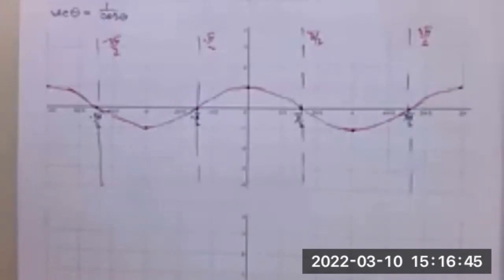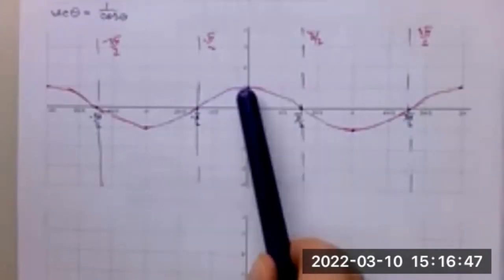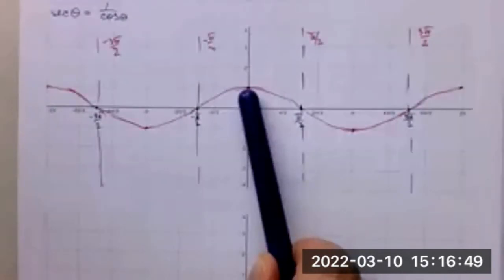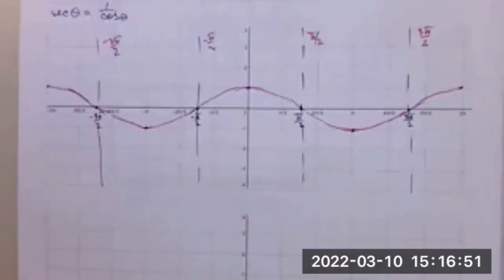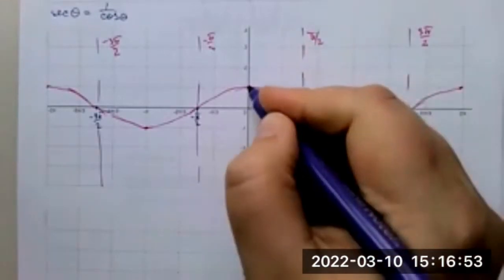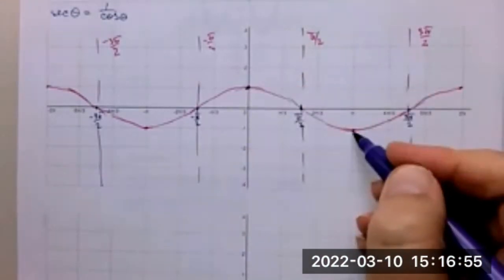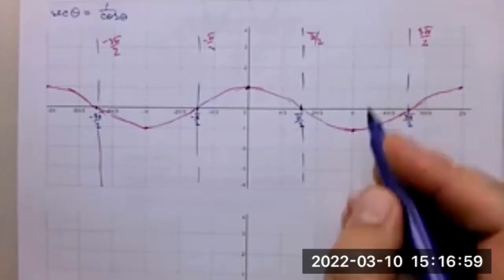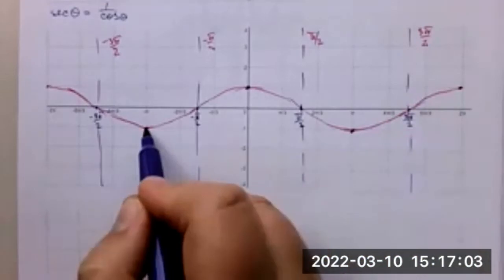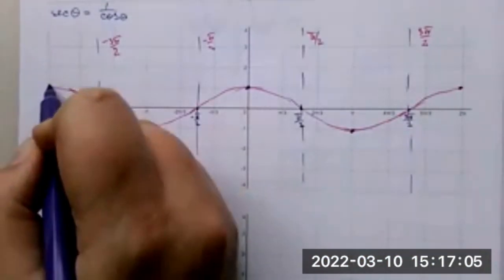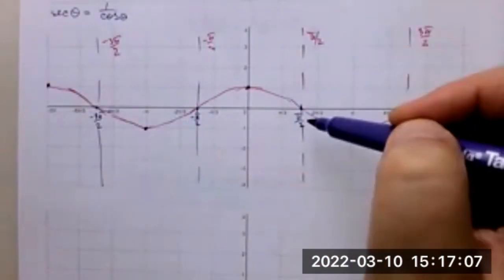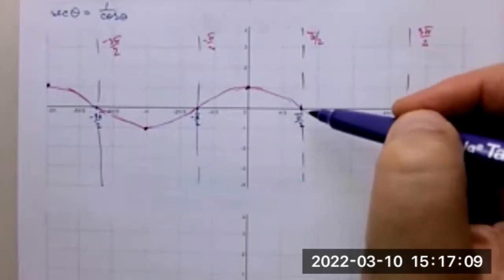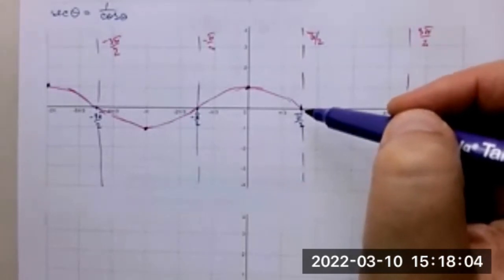Now, again, the highest point of cosine is 1. So 1 divided by 1 is going to be 1. And the lowest point is negative 1. So negative 1 divided by negative 1 is negative 1. So these are also points on the secant graph.